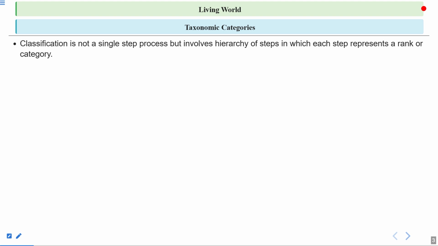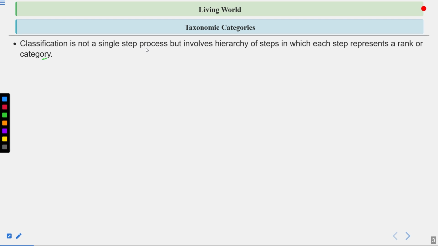Now let's start with the topic taxonomic categories. So classification is not a single step process, but involves hierarchy of steps in which each step represents a rank or category. Okay, so now we are talking about the categories, or you can say them taxonomic categories. It is very important to classify the organisms in order to study them.